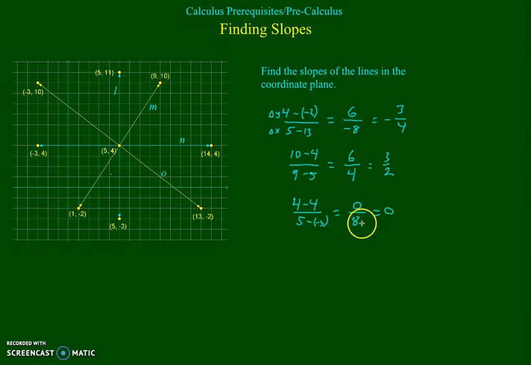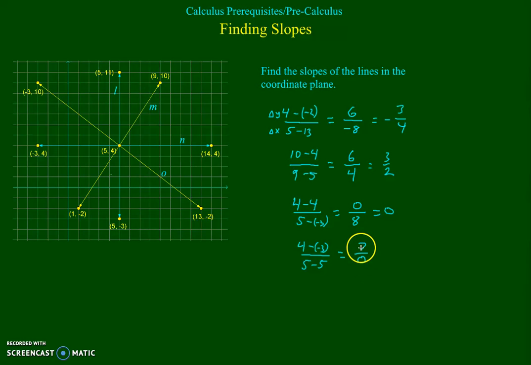All right, now let's take a look at the vertical line. So this vertical line here, let's use this point and this point now. So the rate of change of y is 4 minus negative 3 divided by 5 minus 5. And that gives us 7 over 0. Well, as you know, we can't divide by 0.